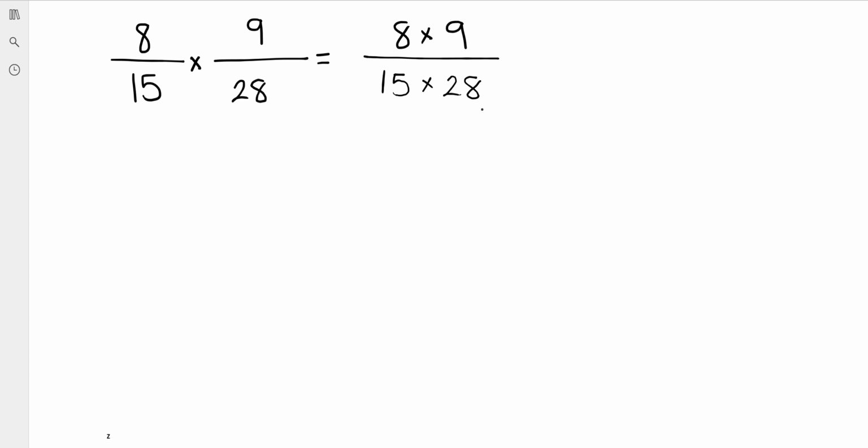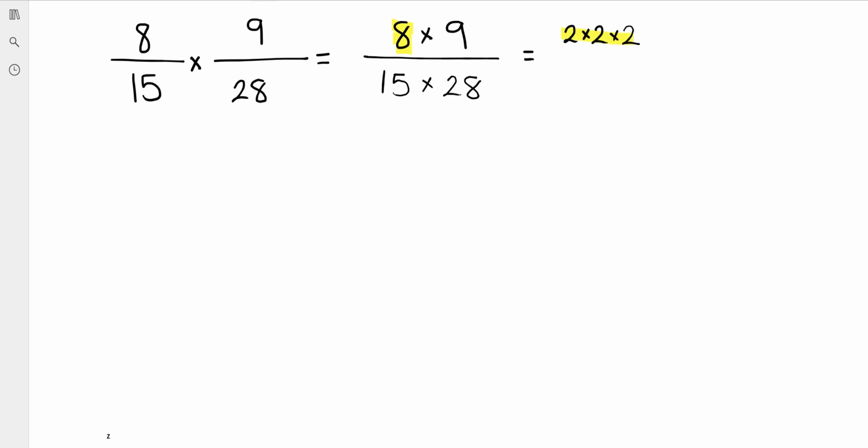I'm going to do it in a slightly different way just to show why I can do what I'm going to do. I know that I can write 8 as a product of its prime numbers. For example, I can write 8 as 2 times 2 times 2. Agree with me?